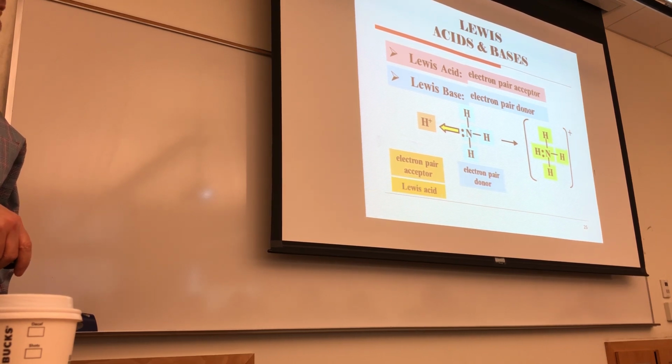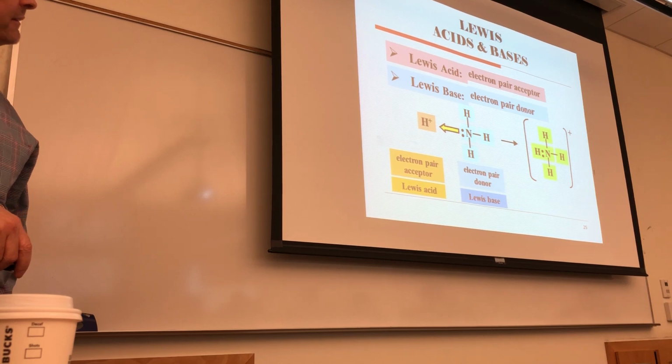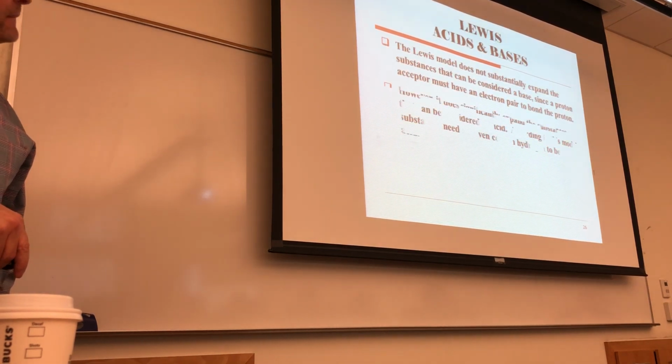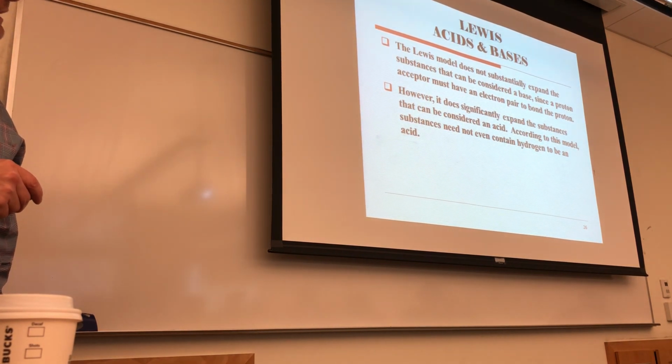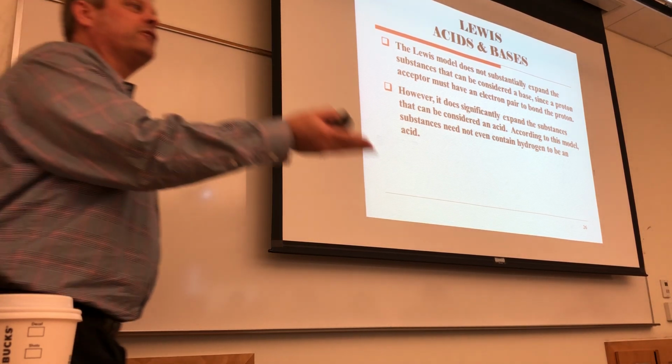Which of course then hopefully we get one that's a little different. Let's see. So once again, this doesn't change much the base for the most part, but it does change and expand what you would consider an acid. In other words, what would accept, because now it's not just the idea of a proton transfer.